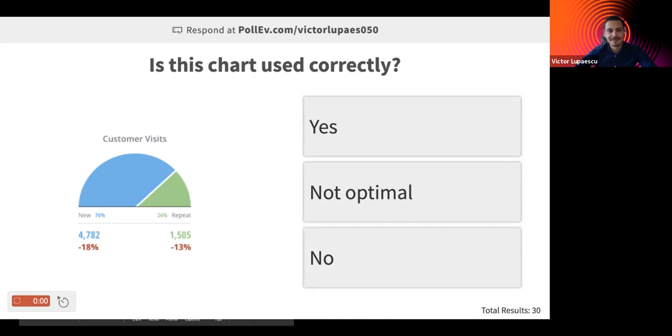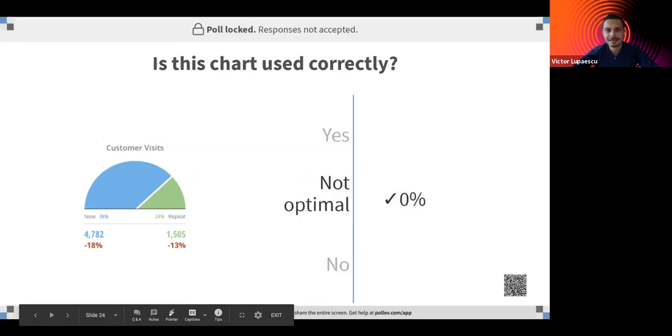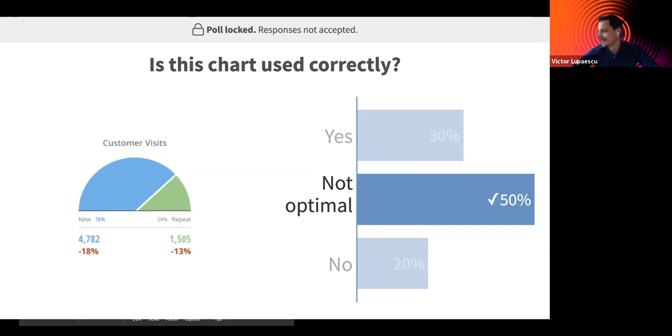Really curious about the results on this one, as it might start some polemics. Okay, that's good. 50% of you have answered correctly.